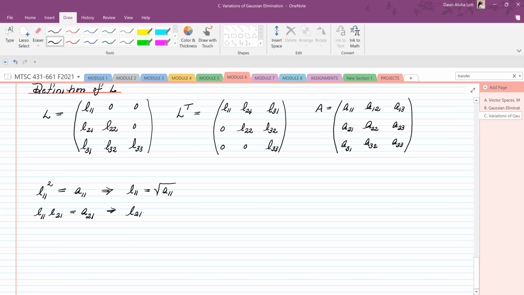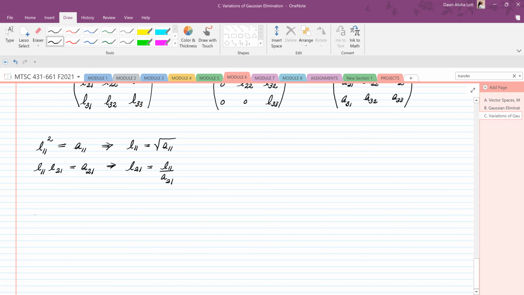So that implies that L21 is equal to A21 divided by L11. Next we take L11 times L31, and that's A31, so L31 is A31 divided by L11. Okay, that's better.